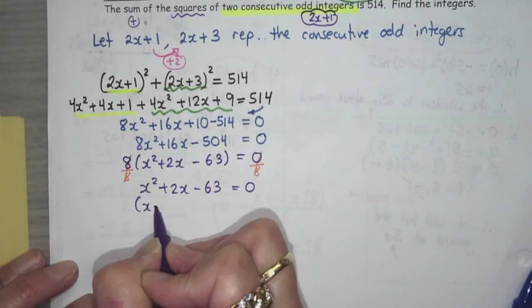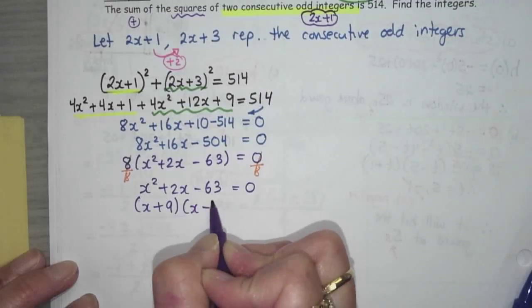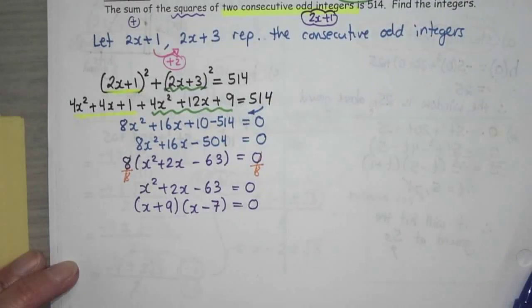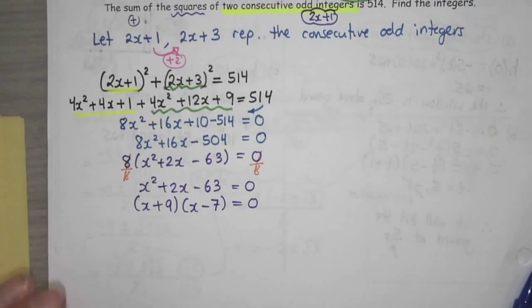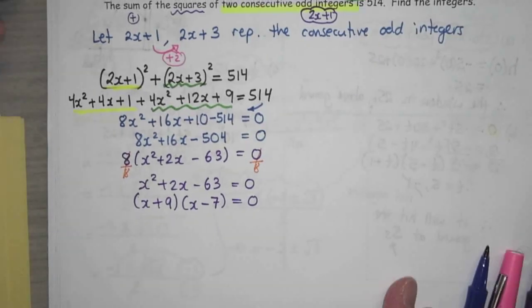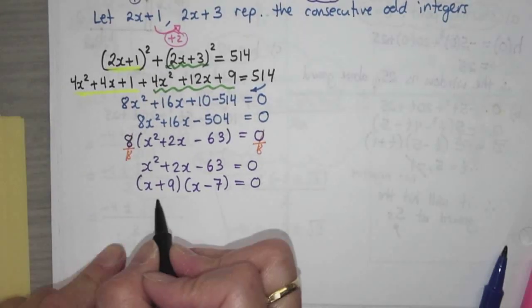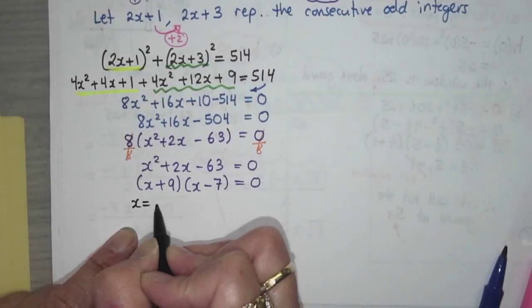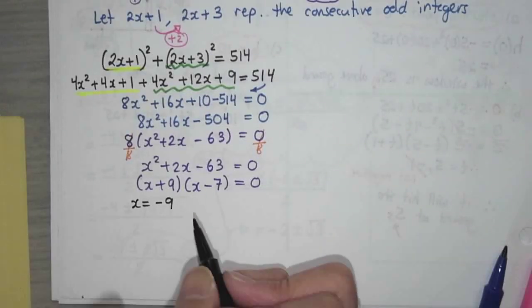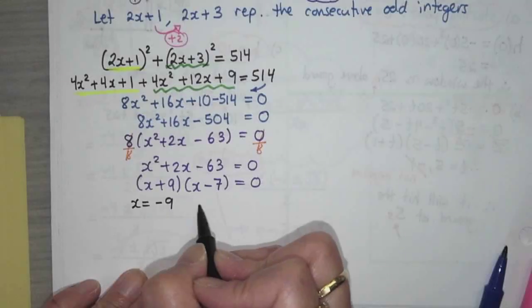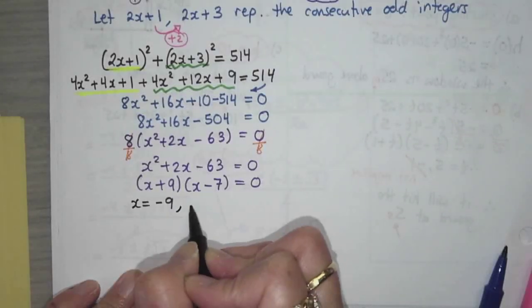So we're going to go x plus 9, x minus 7. And then we can answer this. So now we've got our answers. This is going to get me x equals negative 9, and then 7.